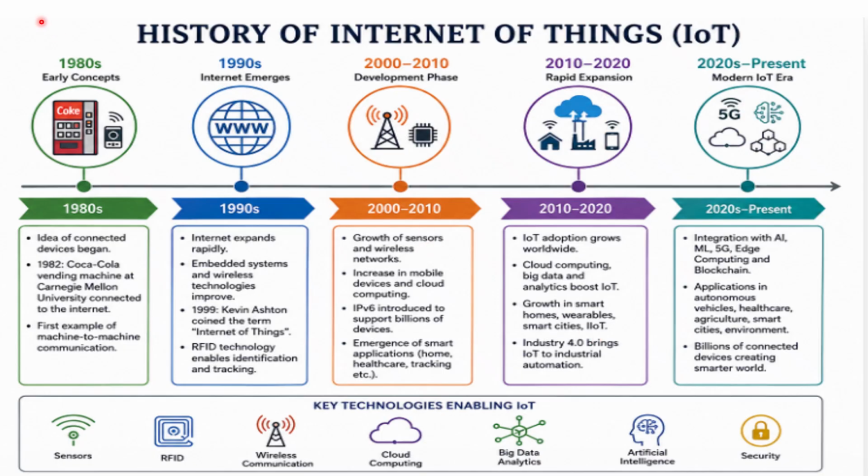Next, we are going to see how the Internet of Things has evolved, and when it evolved. So that means the history of Internet of Things. Okay. First, in the 1980s, the idea of connected devices began.